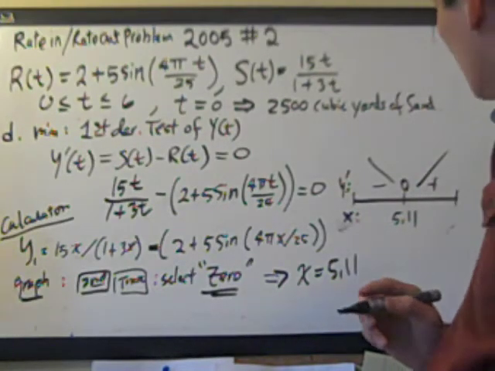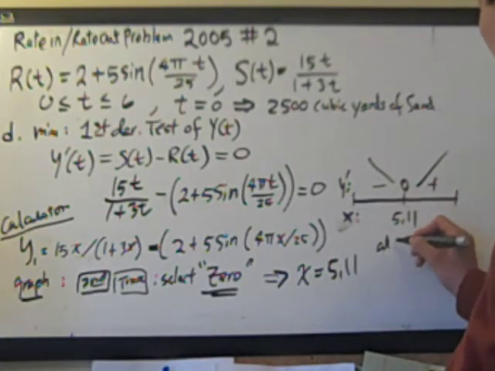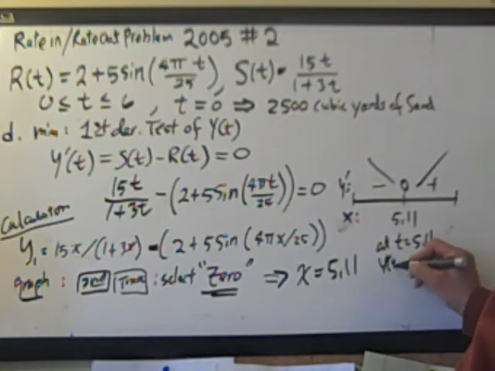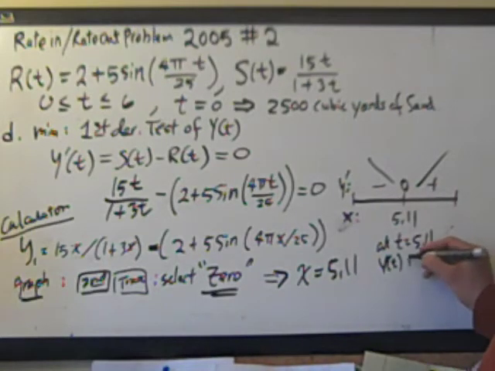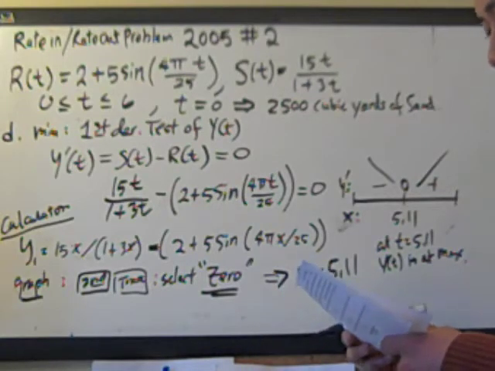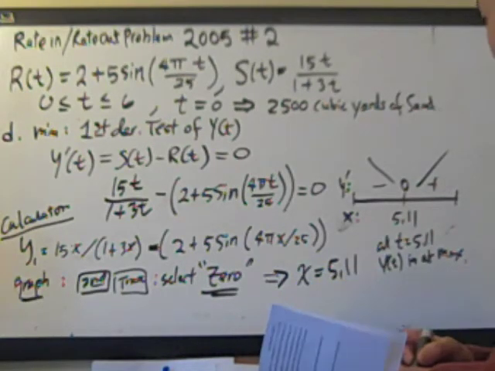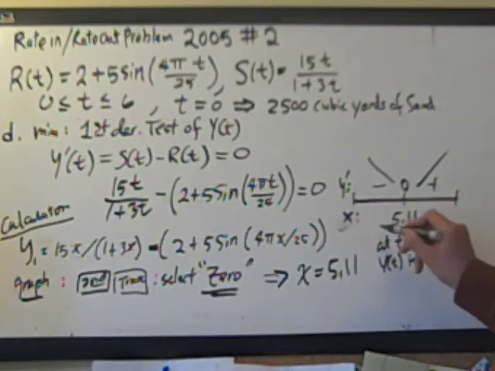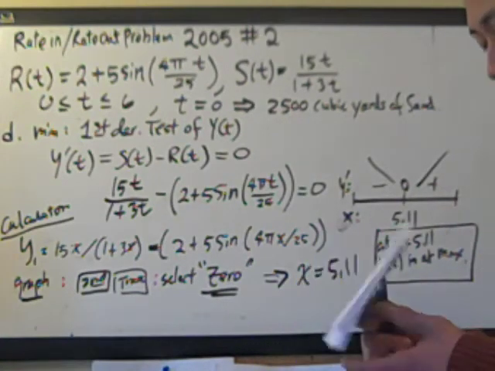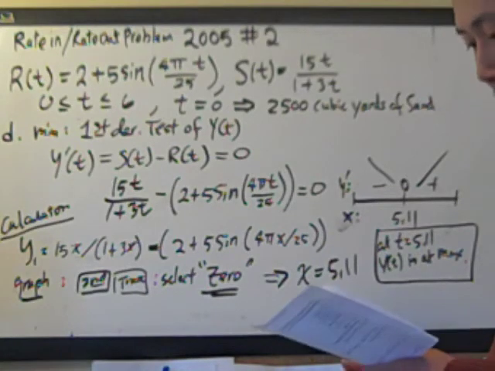It goes like that. So what that means is at t equal to 5.11, y of t, the actual amount of sand, is at maximum. Okay, at maximum. Now, if that's the case, that's the answer, but that's not the only answer they ask for.